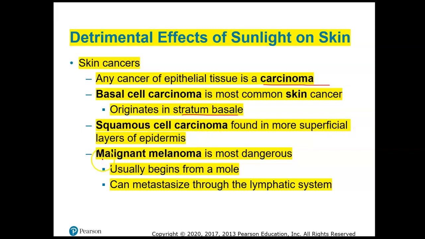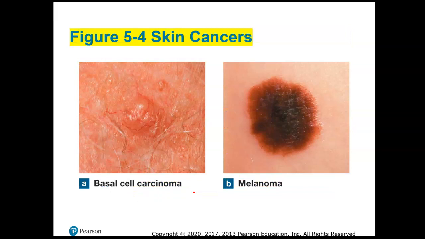But the really dangerous, scary type of skin cancer is malignant melanoma, and that usually begins from a mole, and this type can metastasize through the lymphatic system. This is an image of a basal cell carcinoma, and this is an image of a melanoma.